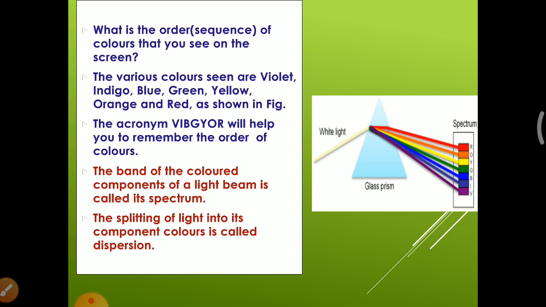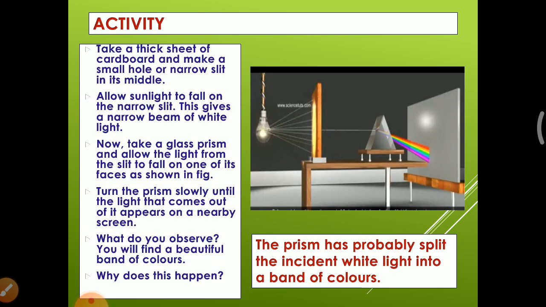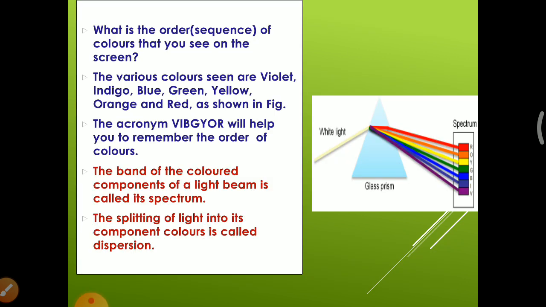So what is the order of colors that you see on the screen? Here we have seen the 7 colors on the screen. So what is the order of those colors? The various colors seen are violet, indigo, blue, green, yellow, orange and red.